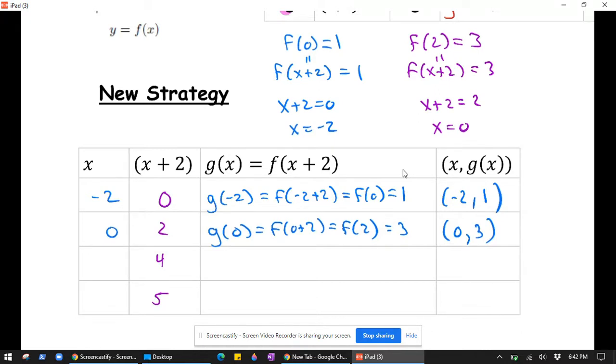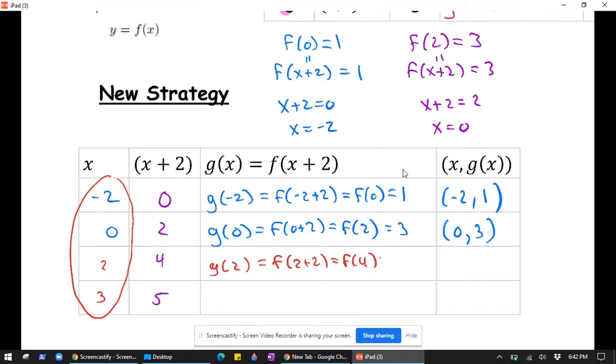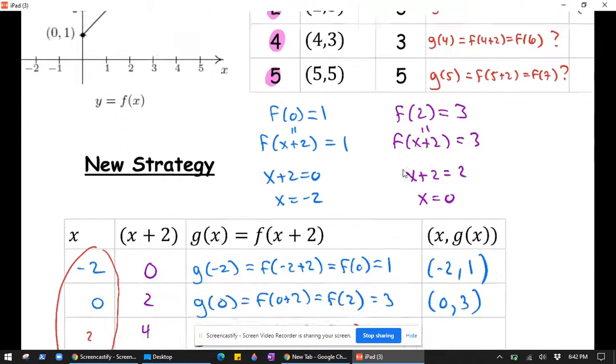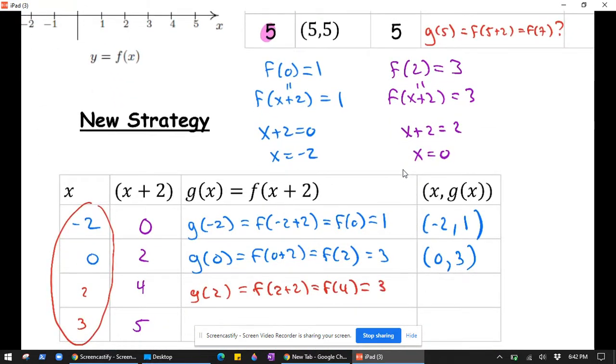These values over here on the left are 2 less than what we saw before. So this will be a 2, this will be a 3. And we can check that g of 2 equals f of 2 plus 2, which is f of 4, and we know f of 4 is 3. So we've got the point (2, 3).